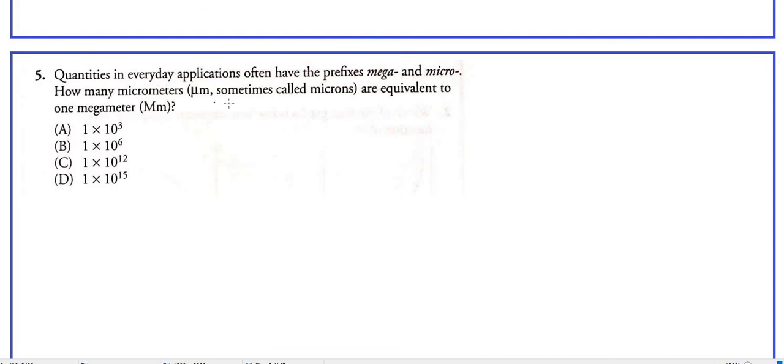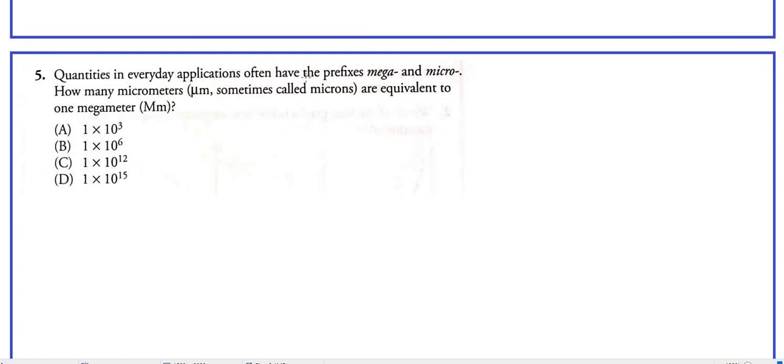Quantities in everyday applications often have the prefixes mega and micro. How many micrometers, μm, sometimes called microns, are equivalent to 1 megameter, capital MM? Here we are going to convert 1 micrometer into 1 megameter. It is known that 1 micrometer is 1 millionth of a meter.